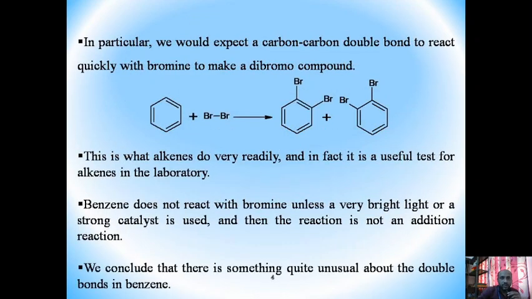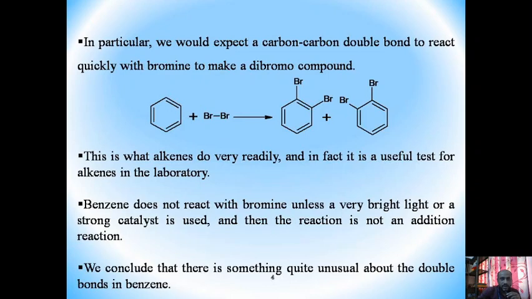Now, in particular, we would expect a carbon-carbon double bond to react quickly with bromine to make a dibromo compound. Like that, benzene when treated with bromine, Br2, that is Br bond Br, it would give this dibromo benzene compound, both the same.